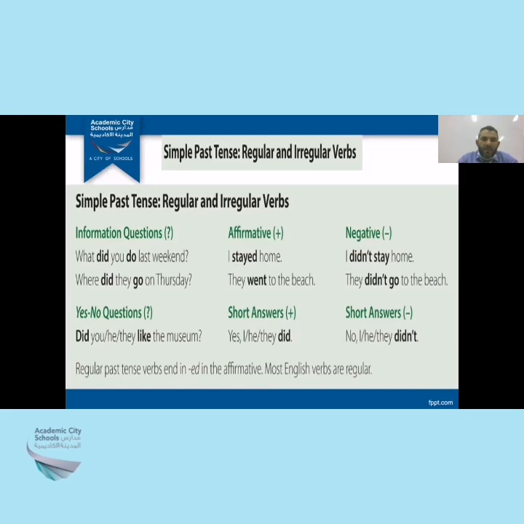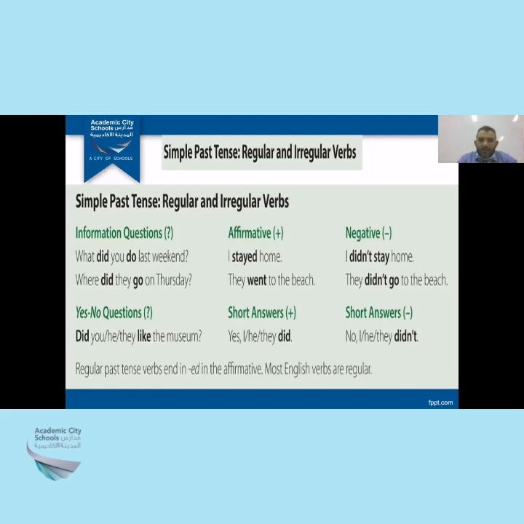Where did they go on Thursday? Here we have an irregular verb with did. So here we add did and the verb one, go. Affirmative: they went.